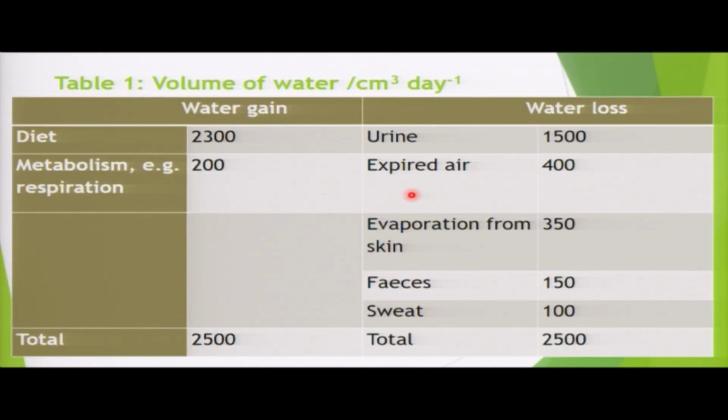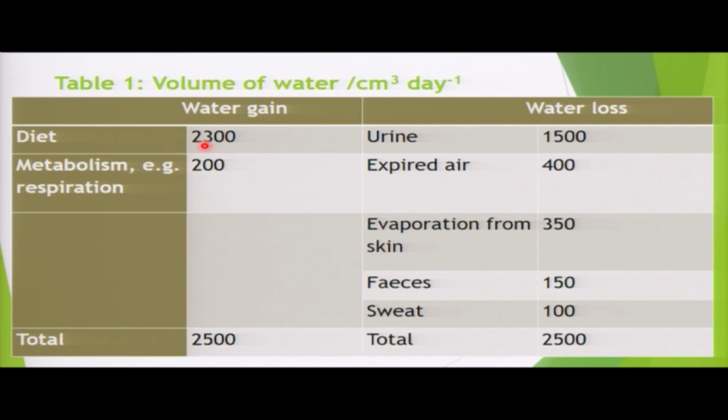Okay, can you see on this screen? So, for example, we gain water from the diet. For example, we get like 2,300 centimeter cube per day. This we get from diet, from what we drink, from what we eat.